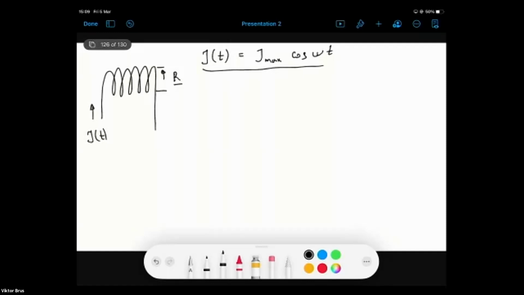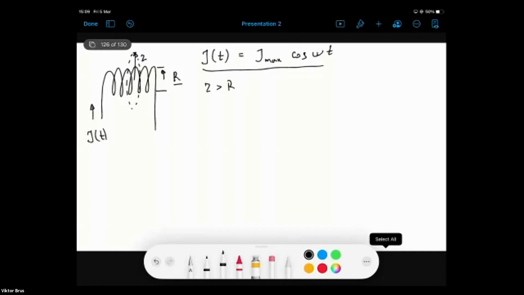So we will have at radius r some loop, and at this distance, radius r, from the center of the solenoid, we want to calculate the induced electric field. And this r is larger than the radius of the solenoid.